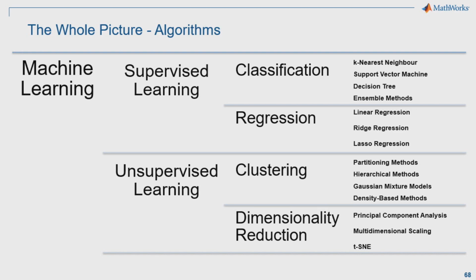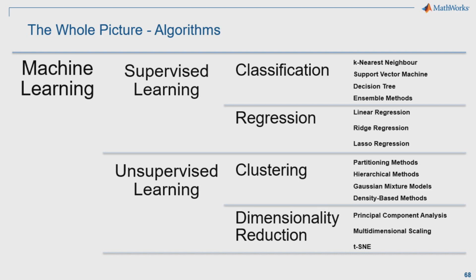learning approach. When talking about unsupervised learning, last time we talked about cluster analysis or clustering and dimensionality reduction, and we have shown the algorithms that you see in the last column of this slide.